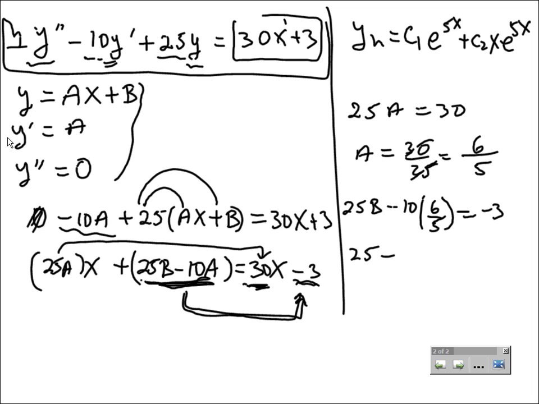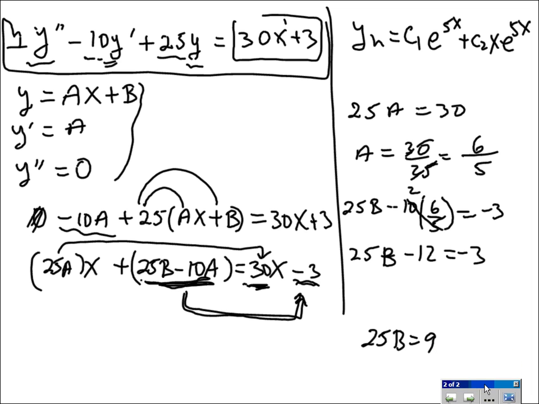So 25b minus 12 is 3. You probably should know that 15 minus 12 is 3, and then say 25b is 15. But if you don't know that, add 12 to both sides.